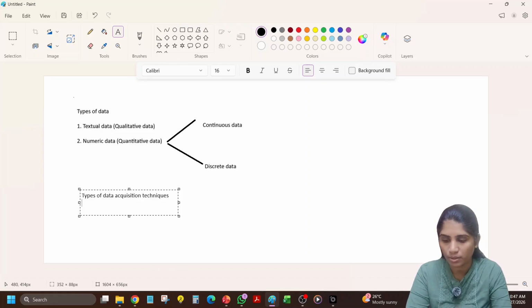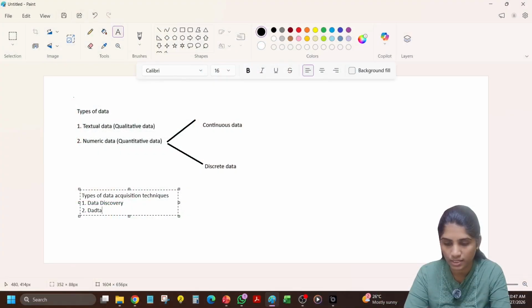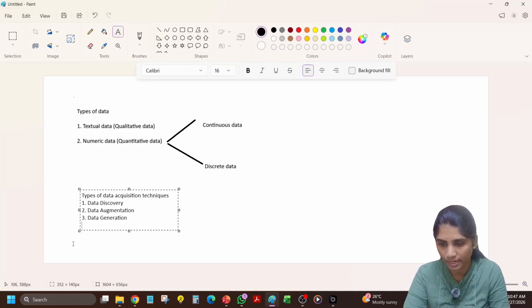Number one is through data discovery, number two using data augmentation, number three using data generation. Once we see all these three, we will have a clear idea how to acquire data.